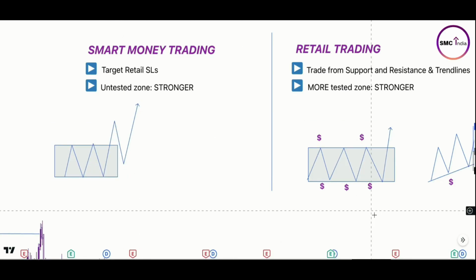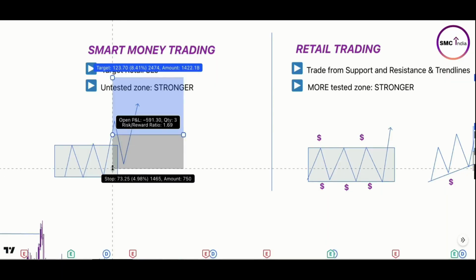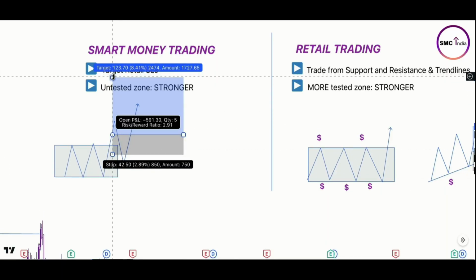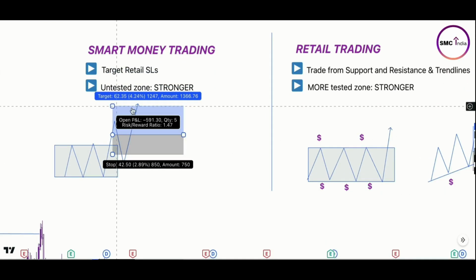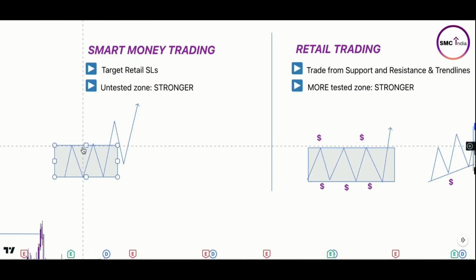When you see a breakout here, you place another trade here, putting a stop loss below it, maybe targeting 1:2 or 1:1.5, then again your stop loss got hit. So this is not a smart way of trading, where you lose a huge amount of money, and when you win, you don't win much.